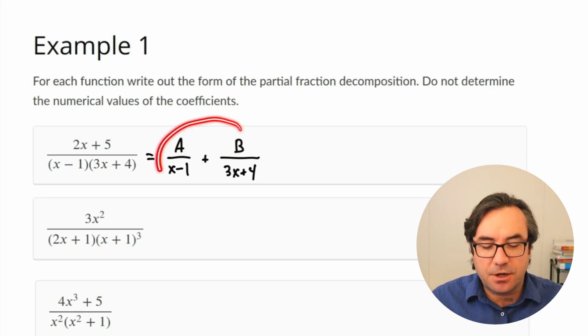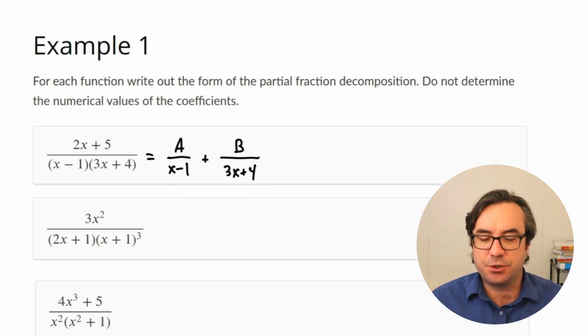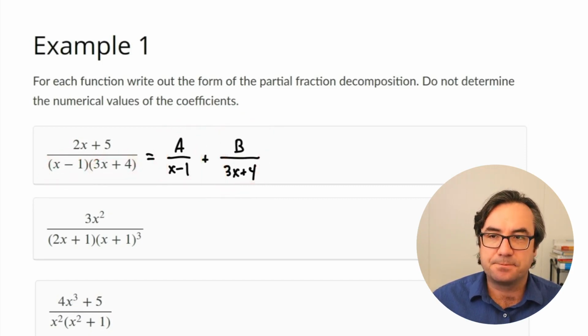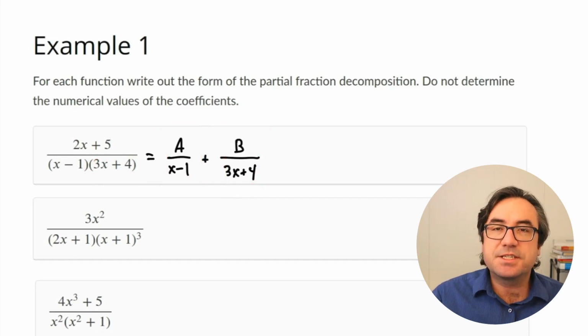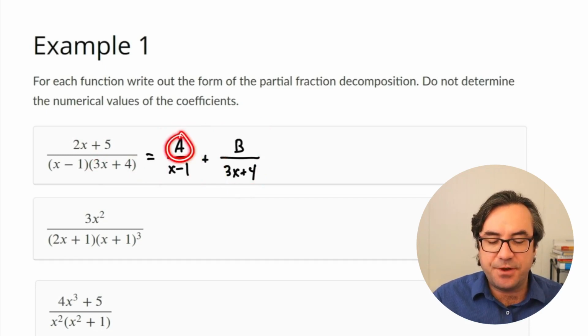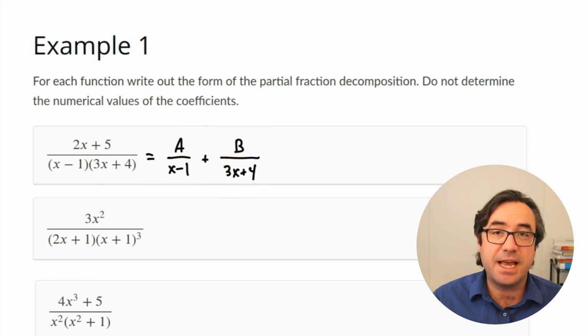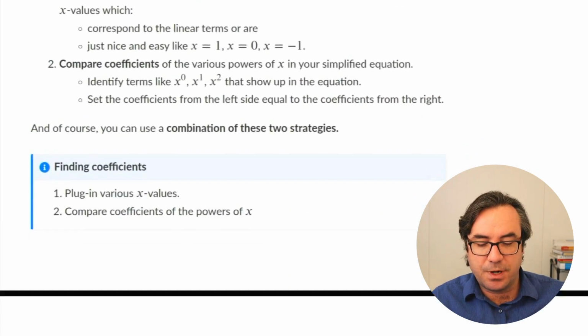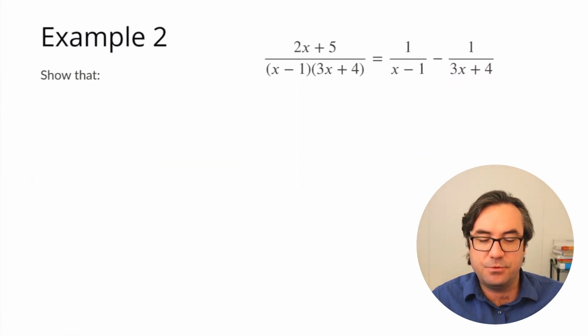All right, so this is called the partial fraction decomposition. Each linear term in our denominator results in a separate fraction here. So the next step is to actually figure out these constants A and B. So let's jump down to example 2. This is where we're going to actually do our work.